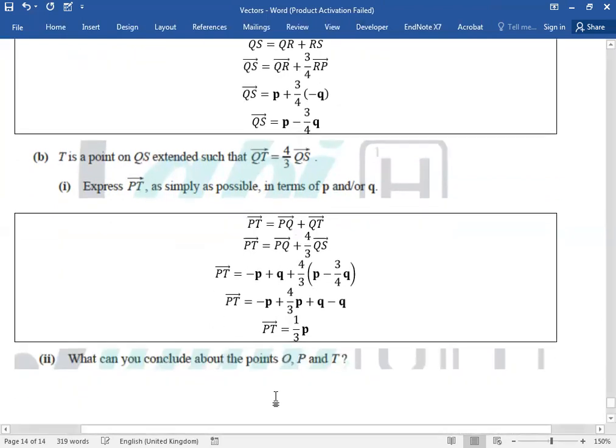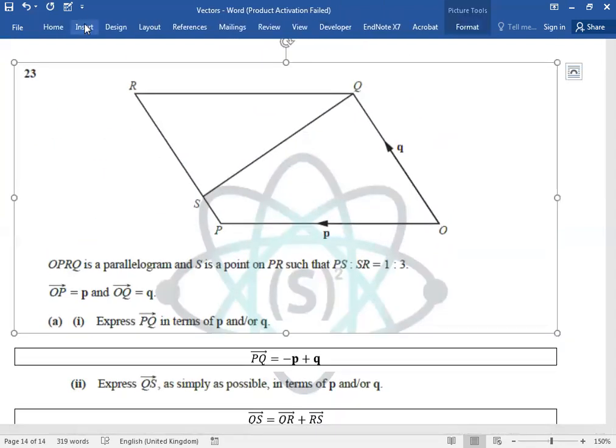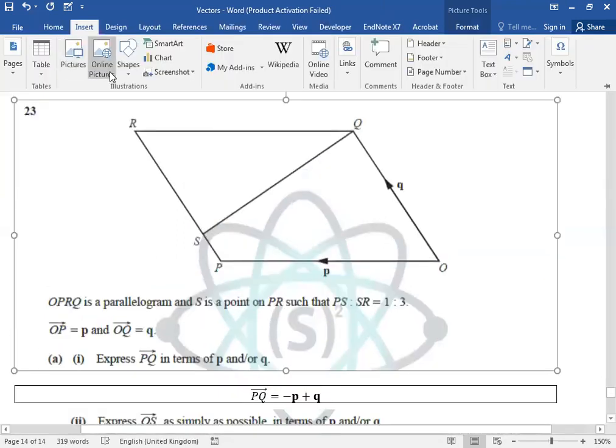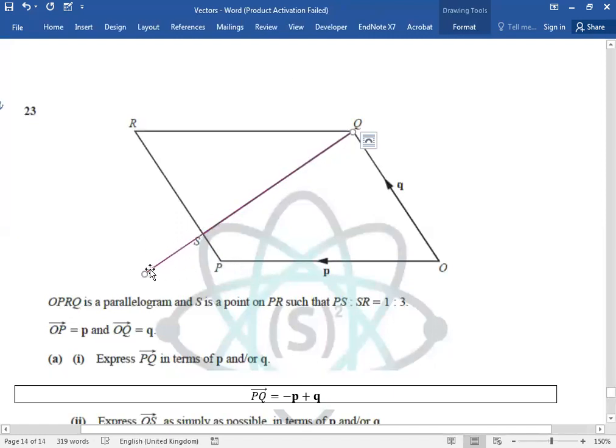Now what can we conclude about points O, P and T? The question told us that QS is extended. So if I extend QS, यहाँ कहीं T है. Is that right? And when we found PT, तो PT came only in terms of P. Is that right? इसमें Q आया ही नहीं.